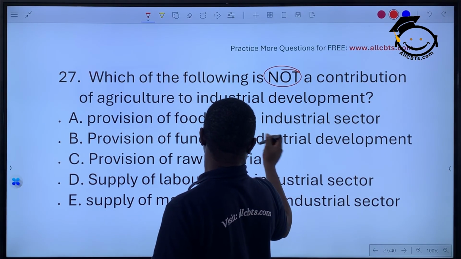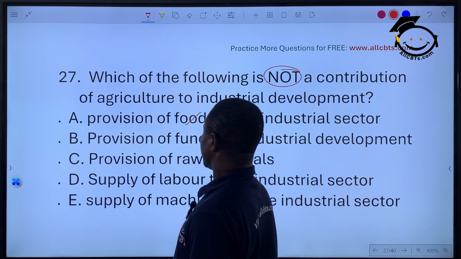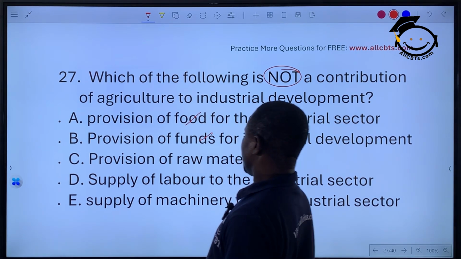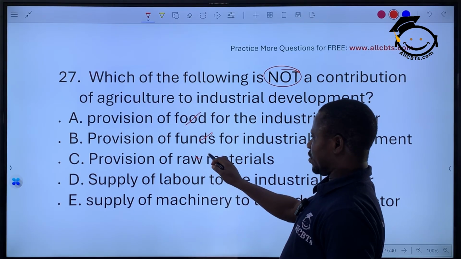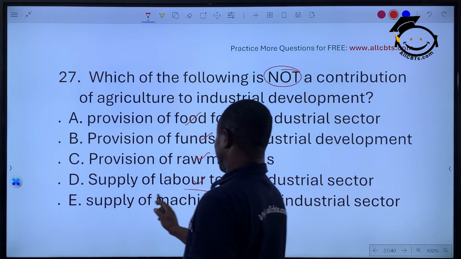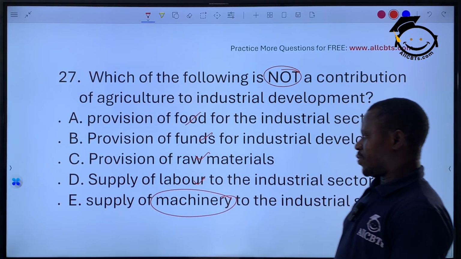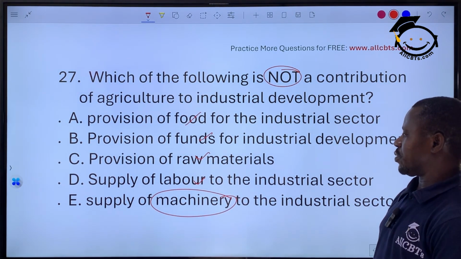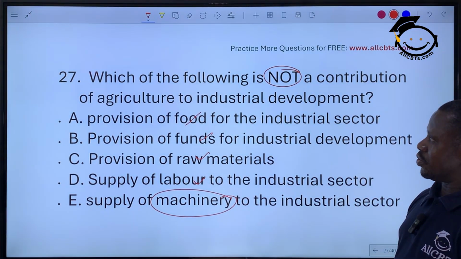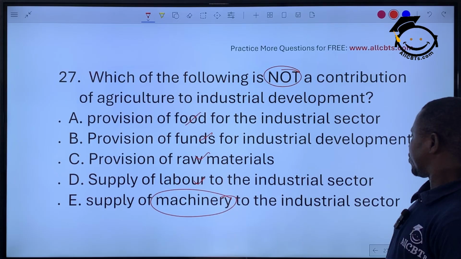Provide food for industry, yes. Provide funds for industry, yes. Provide raw materials, yes. Supply labor, yes. But can they supply machineries? I'm not so sure. So let's pick option E for this question. It is the industry that supplies machinery to agriculture, not the other way around. Okay?